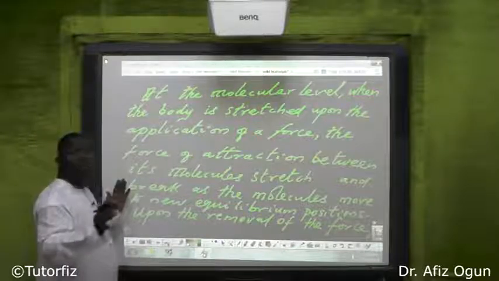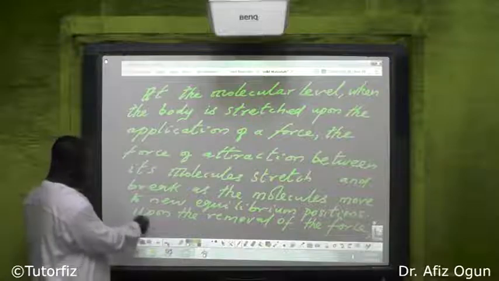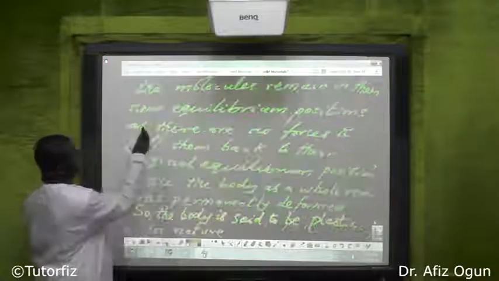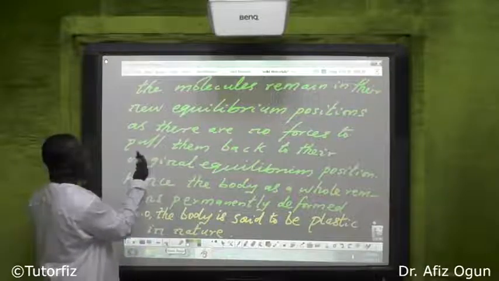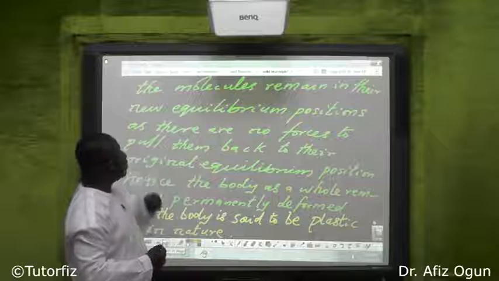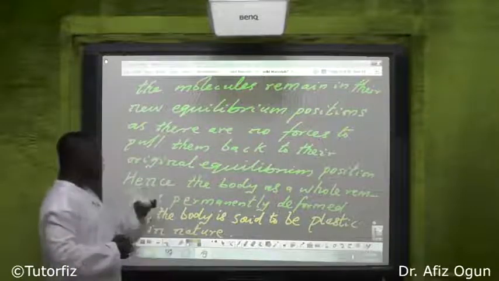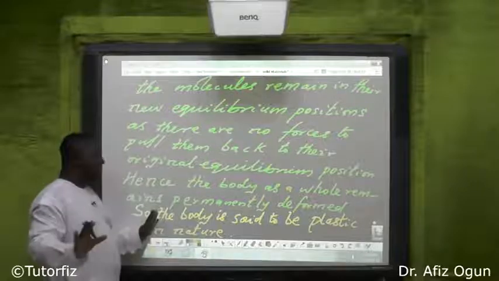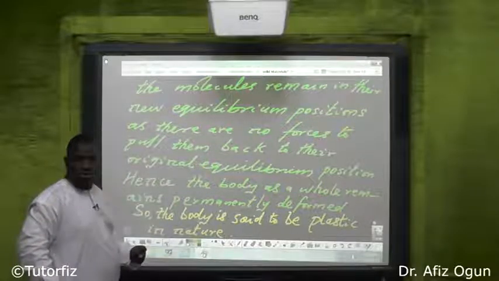Upon the removal of the force, what happens? The molecules remain in their new equilibrium positions as there are no forces to pull them back to their original equilibrium position. Hence, the body as a whole remains permanently deformed. So, the body is said to be plastic in nature.